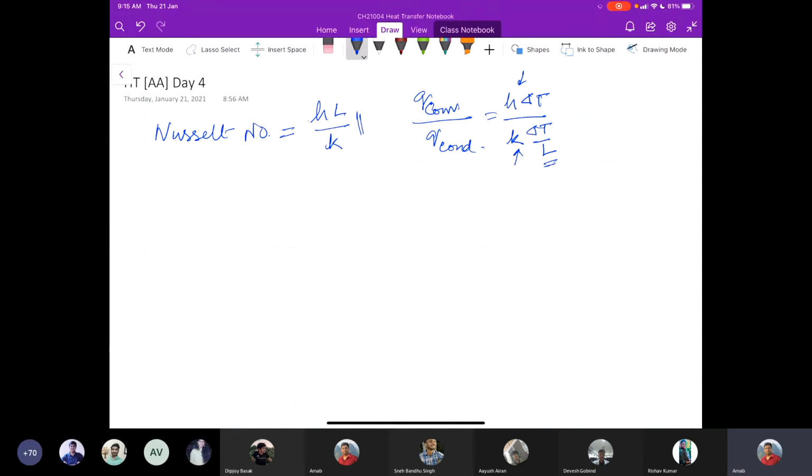The example you can remember: if you have a stationary pool of liquid in between an enclosure, you have a fluid layer. This temperature is T1 and this temperature is say T2.